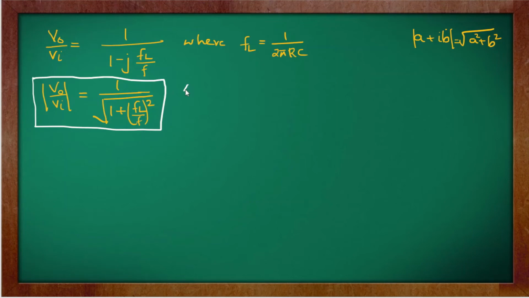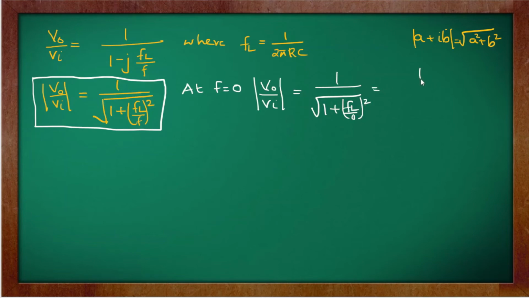What happens at f equal to 0? Let us see for a low frequency, a mid frequency, and high frequencies. Okay, let us see these three cases. At frequency equal to 0, the magnitude of V0 by Vi is equal to 1 by root of 1 plus fL by 0 the whole square.